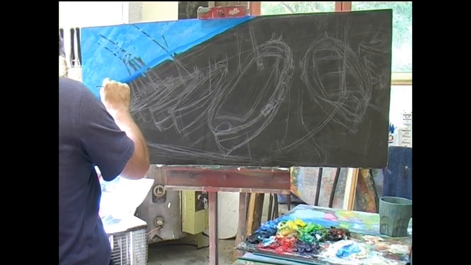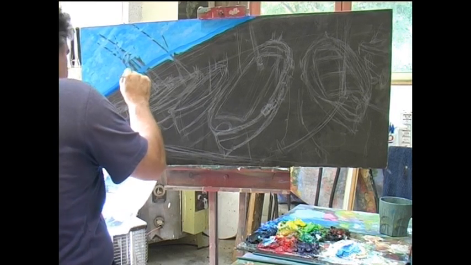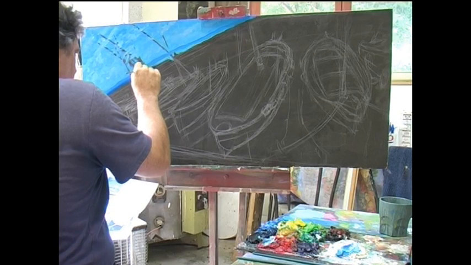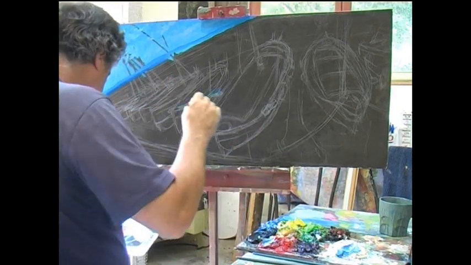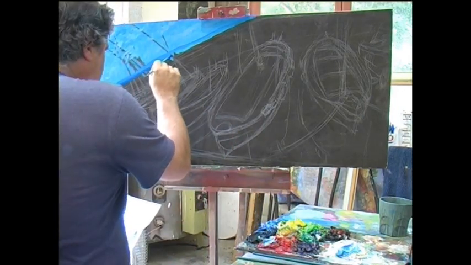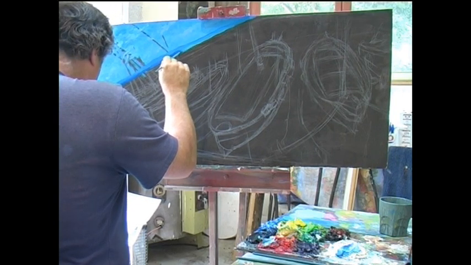Warm blue coming through there. Below that it will become much more turquoise, because below that we start to add some more yellow into it to make a more turquoisey blue.